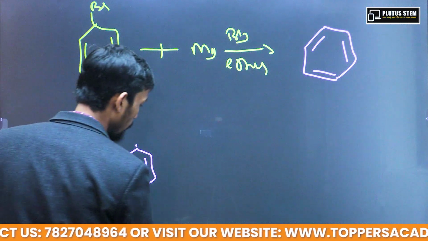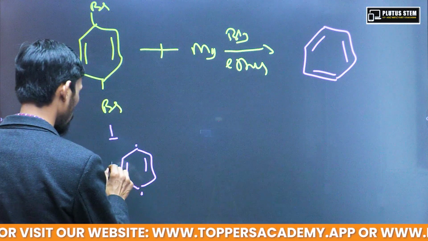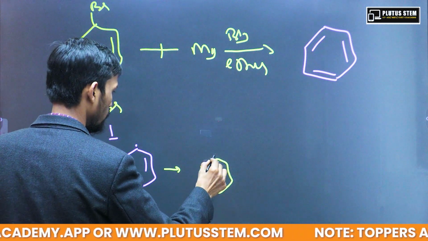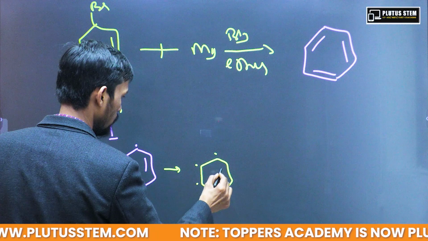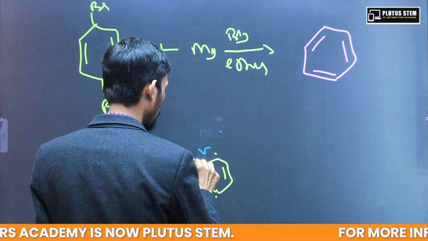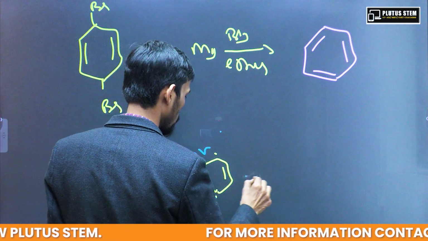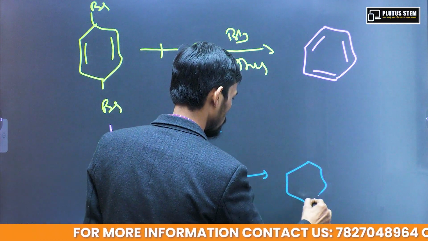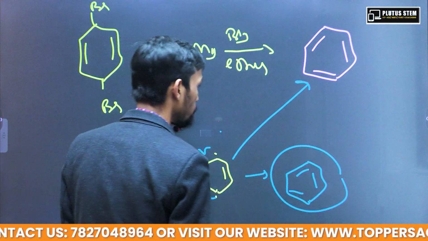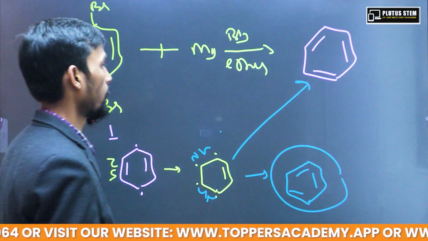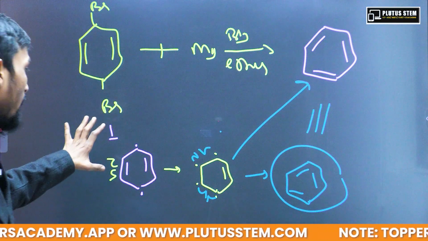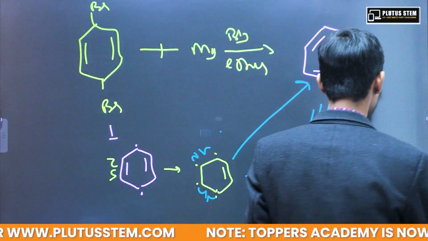These are the free radicals, and now we can break any bond, and again the bond formation takes place to give a more stable product, that is benzene. And these two are quite the same. So this is the way how magnesium reacts with this alkyl halide.